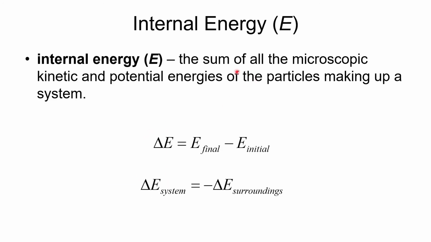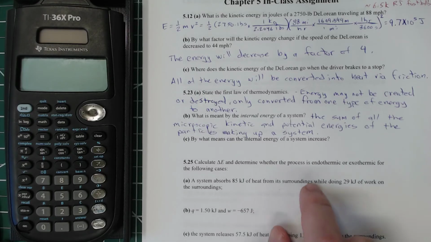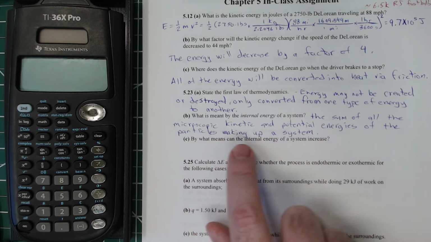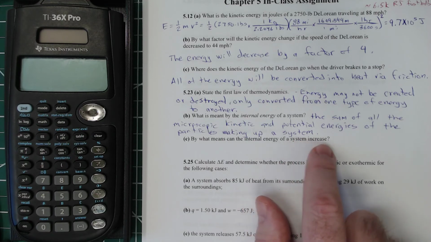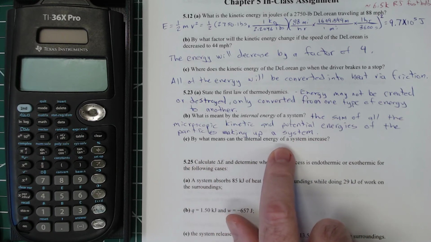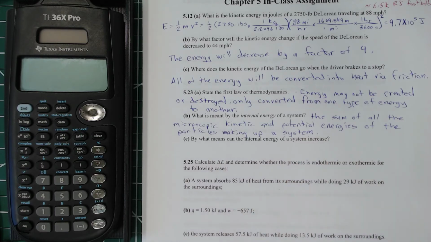Here we go. The internal energy is the sum of all the microscopic kinetic and potential energies of the particles making up the system. And I have just written that. And then finally, by what means can internal energy of a system increase?